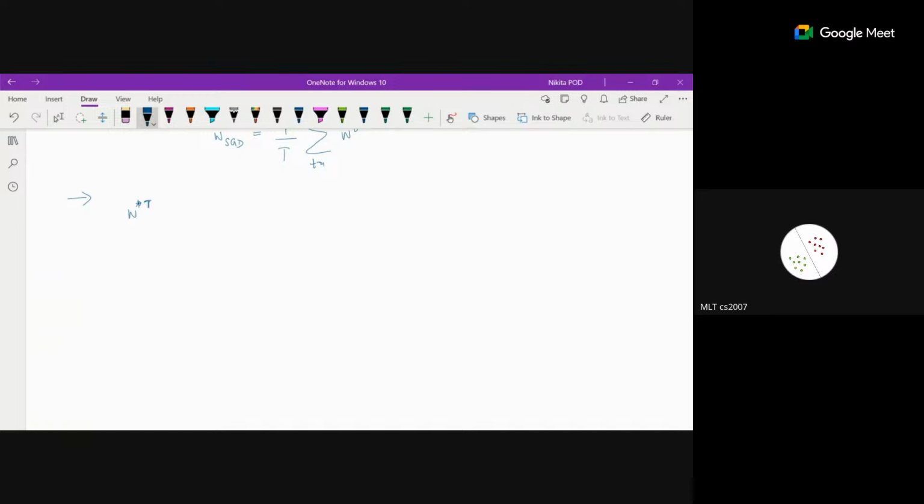So W star transpose phi of X test, right? Any new test data set that you get, you take it to the higher dimension, and then when you do W star transpose, we had gotten something like alpha i star times the kernel function, right?